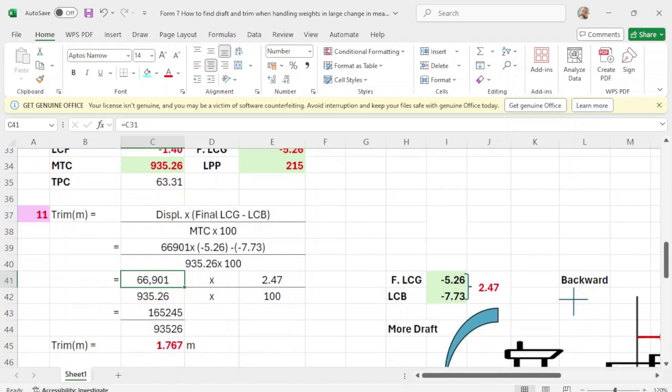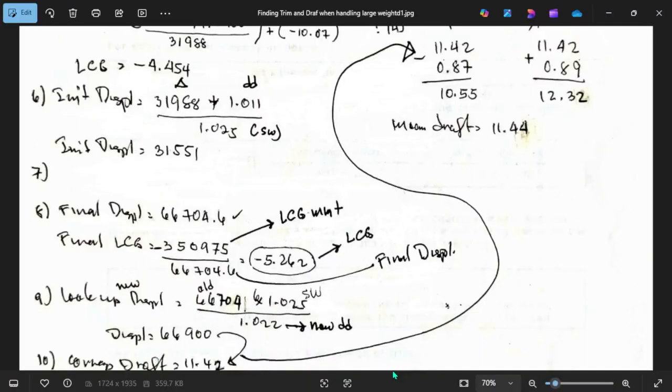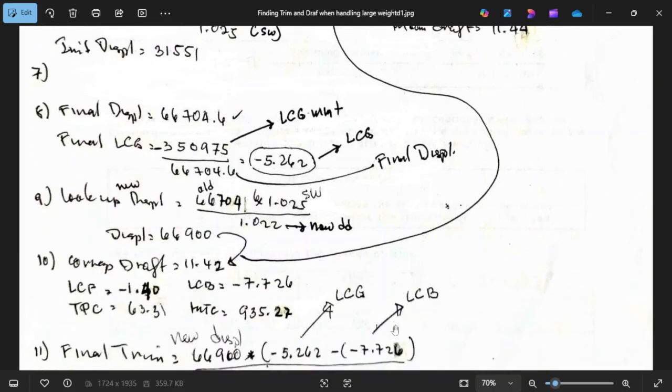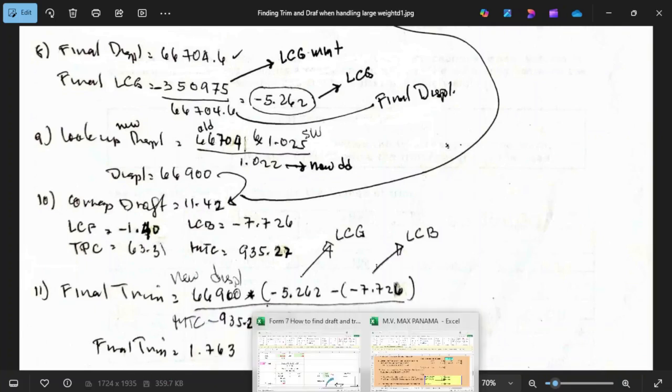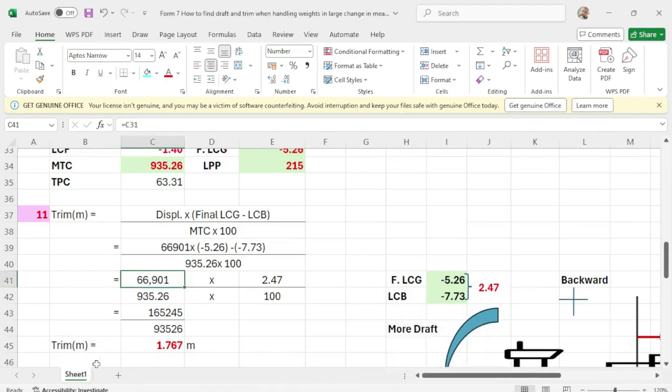And how much is your trim here? Your trim is 1.763. I got here 1.767.